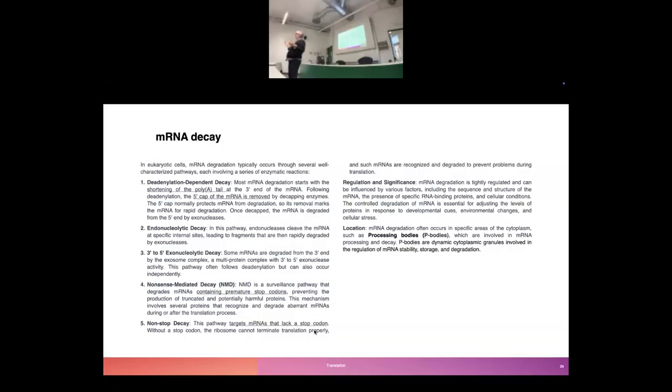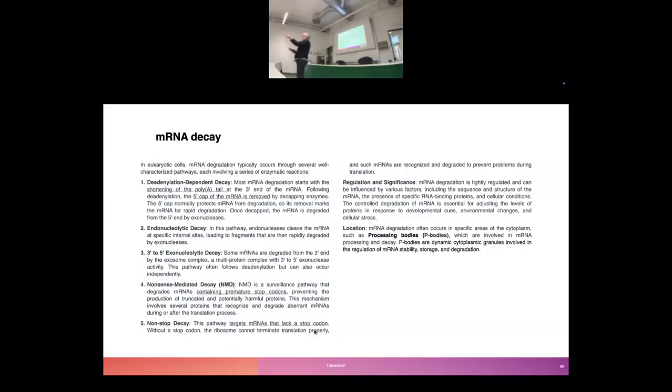Okay, so all those are other ways to regulate the lifetime of each mRNA. So it can be with exonucleotic activity. That means it is an enzyme that removes nucleotides from the extremities, or it can be endonucleases.